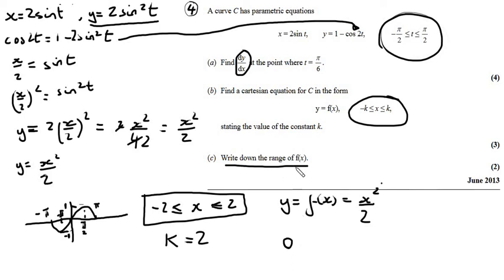And the highest value is going to be 2. You just say f of x is greater than or equal to 0, less than or equal to 2. And there we have it.